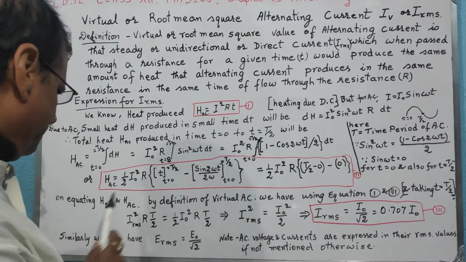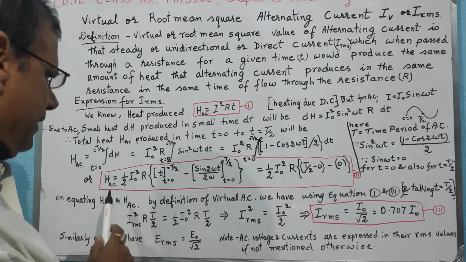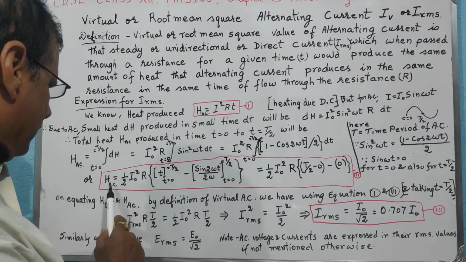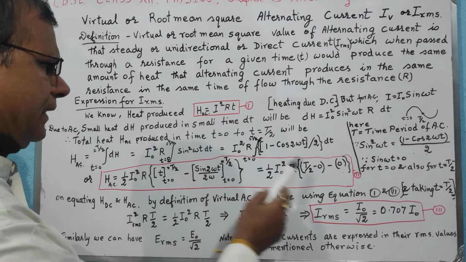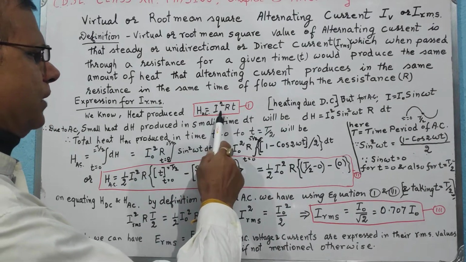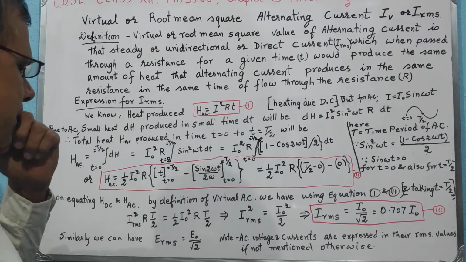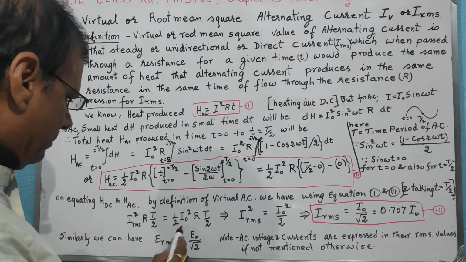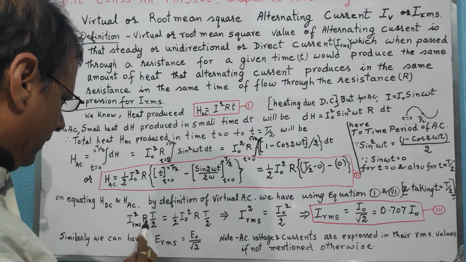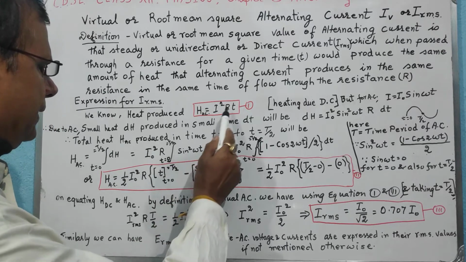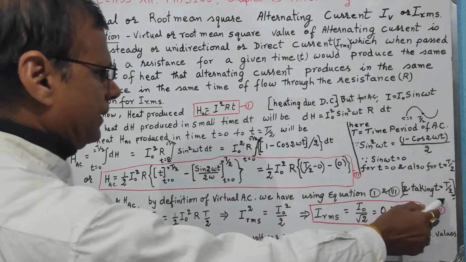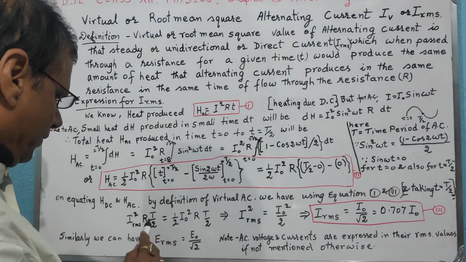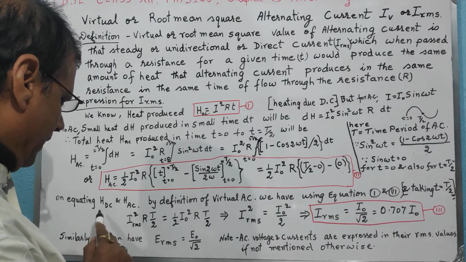So the heat produced due to alternating current is equal to this much, and the heat produced due to DC current is equal to IRMS square R into T by 2. We are taking the time t equal to capital T by 2 for both the cases, so the same heat will be produced.